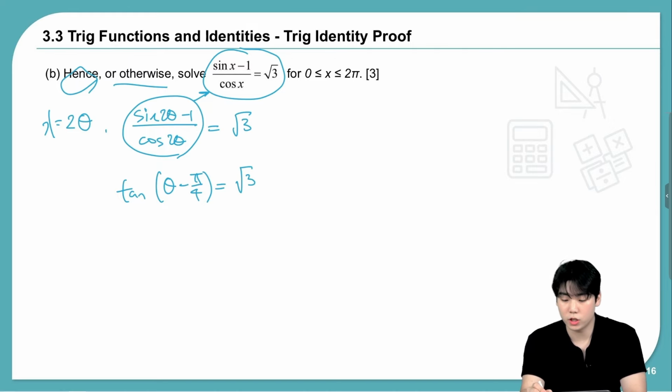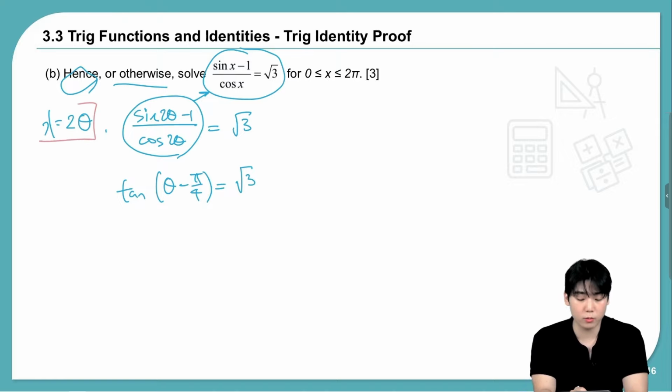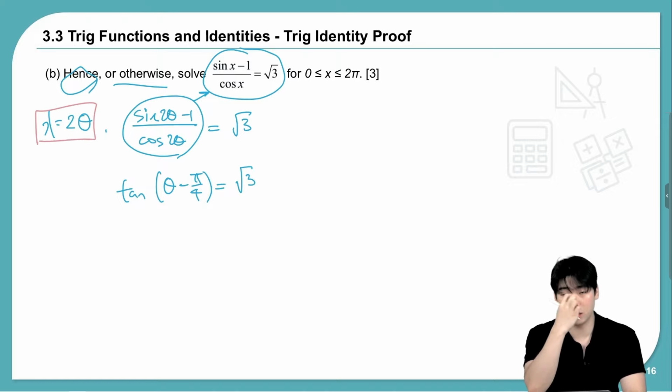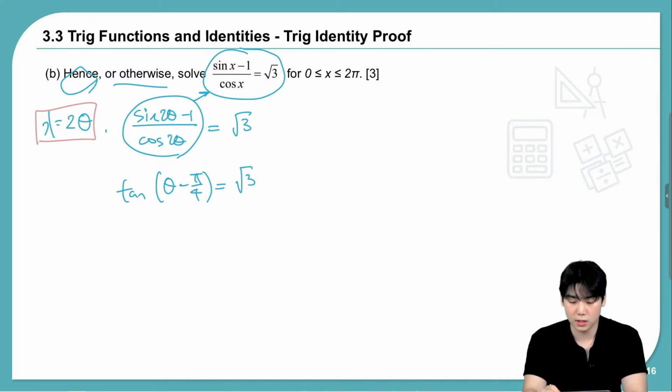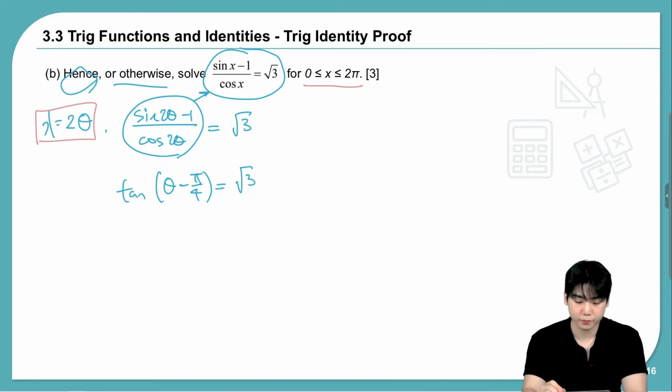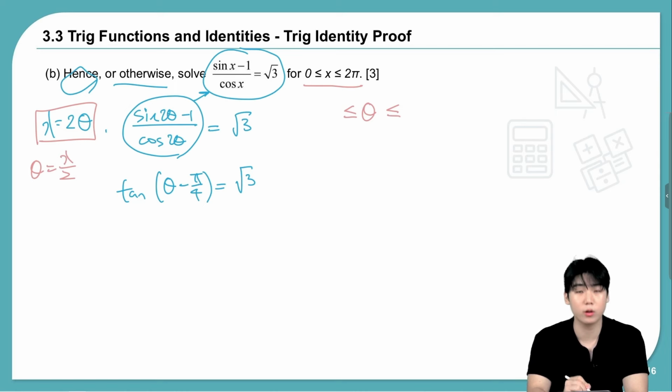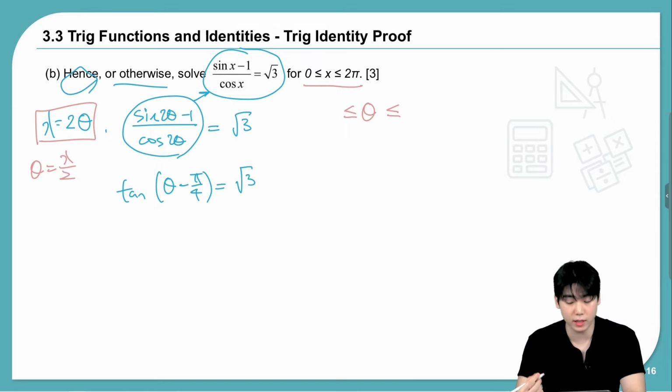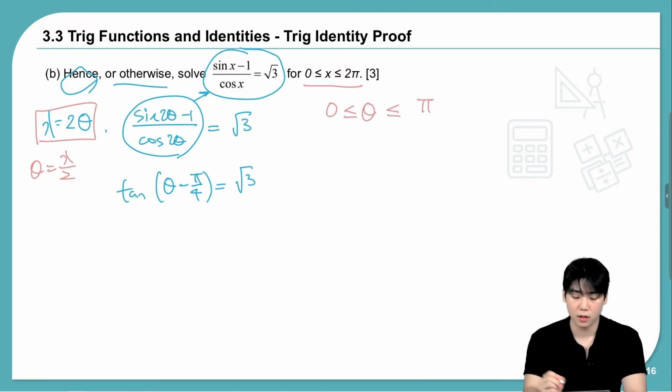But when we change the variables, we also have to change the range. Since we're given that x is from 0 to 2 pi, basically theta is x over 2. So our permitted range for theta is from 0 to just pi. Okay, bearing that in mind, let's move on.